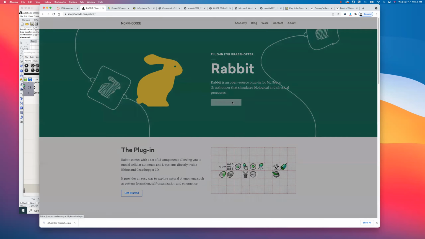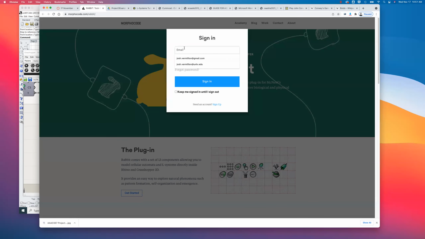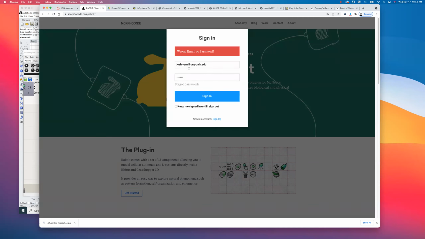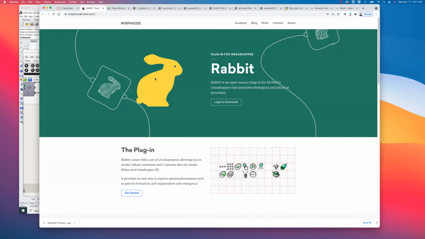So if I go to log in and download, I'll just try this. I can't remember what I used here. I suspect your password is the same as mine. Let's see. Oh, crud. Of course.